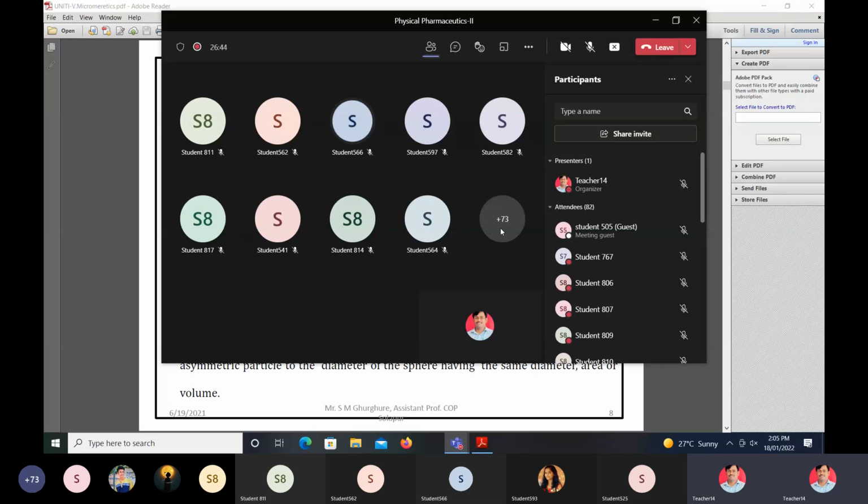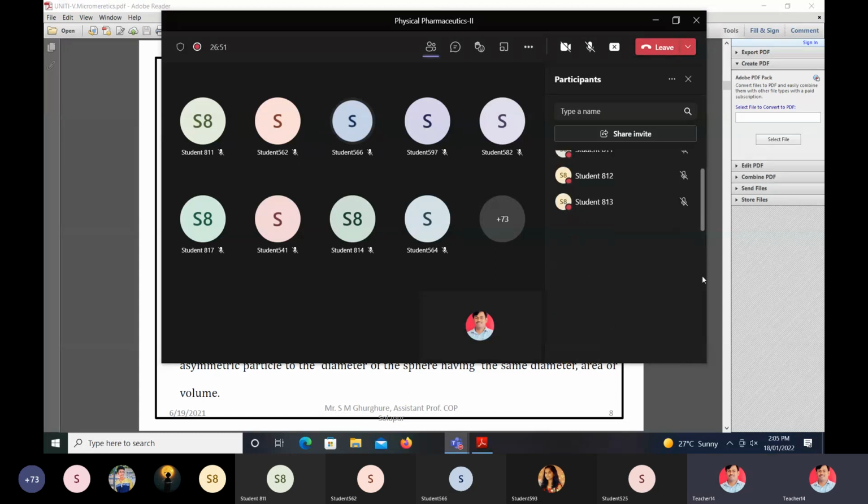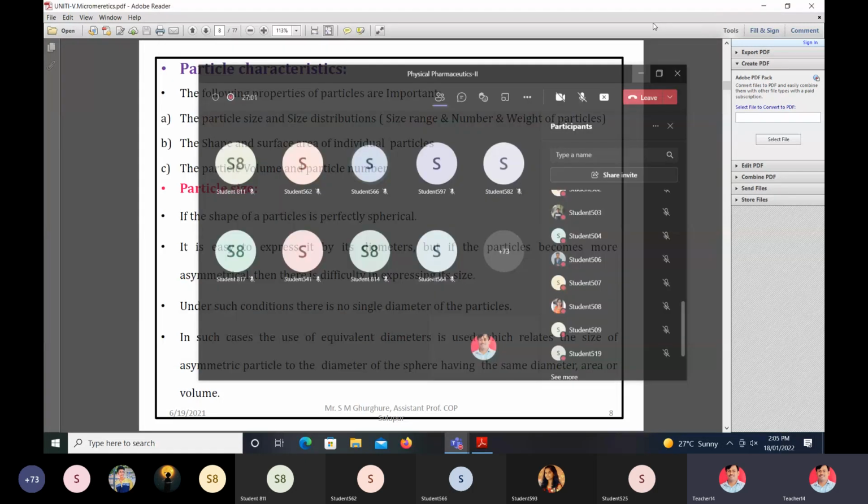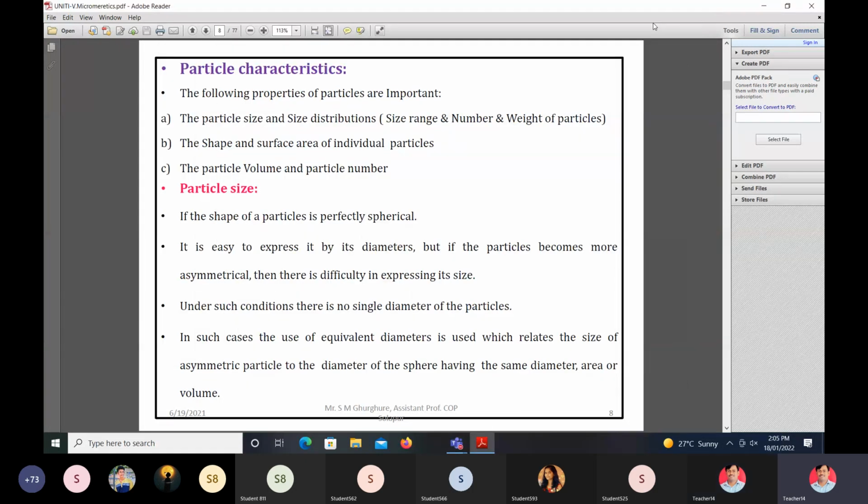After angle of repose, the next property is Carr's compressibility index, then Hausner ratio, and bulkiness and flow rate of the powder or flow rate of the granules. These are called the different derived properties for the powder sample.